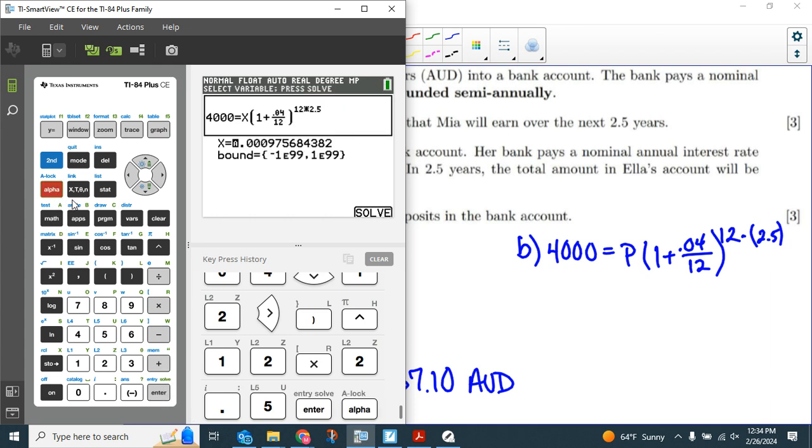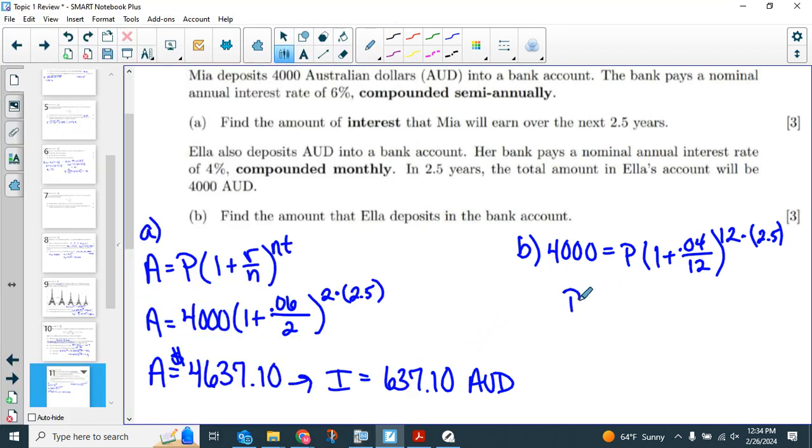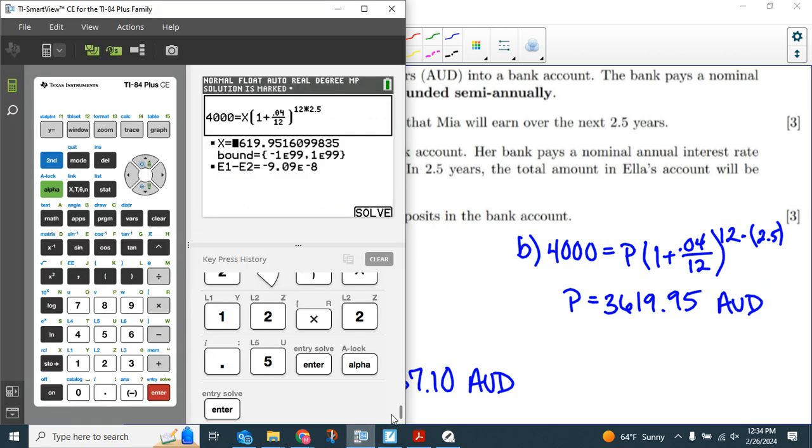Enter. Alpha, enter. 3619.95. Good times.